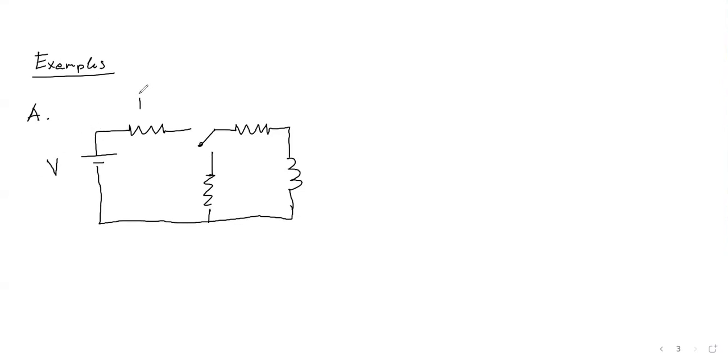V, R1, R2, R3, L, and you have a couple of positions, 1 and 2. So let's say I'm going to close the switch to position 2 for a long time. Then at time equals 0, I close it to position 1, wait long enough, and then I switch it back to position 2. And I would want to describe the current through the inductance as a function of time.